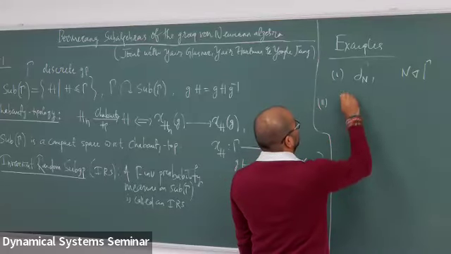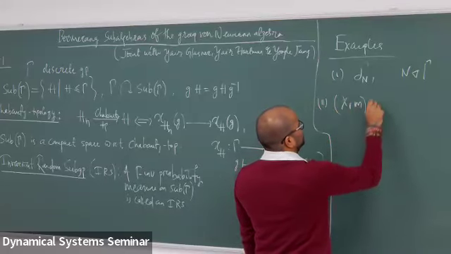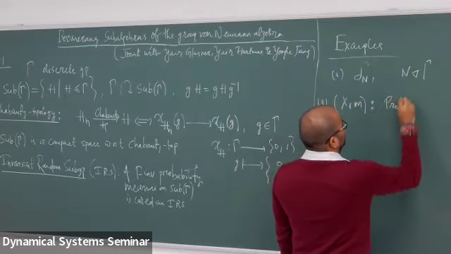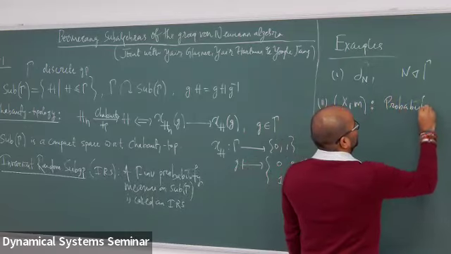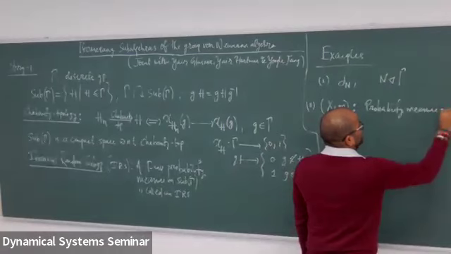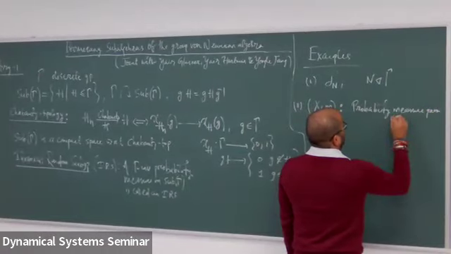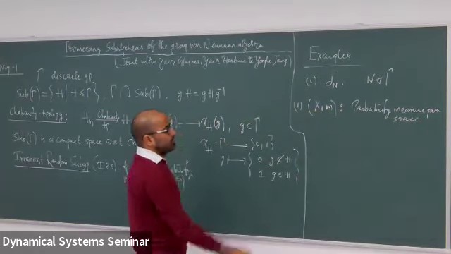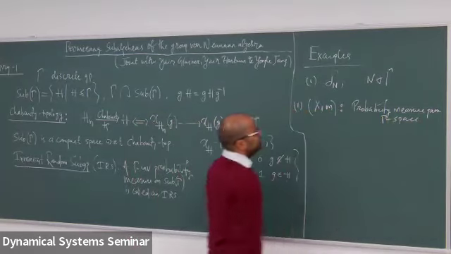So let's say that (X, m) is a probability measure preserving space, in the sense that the action of my group Gamma preserves the measure.